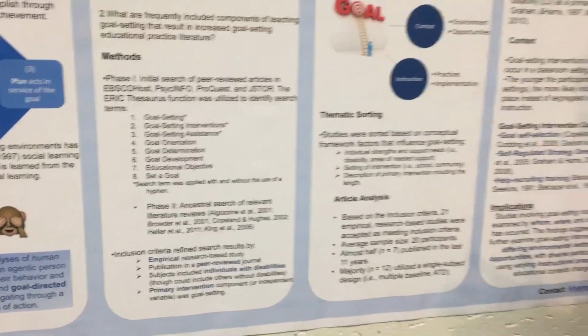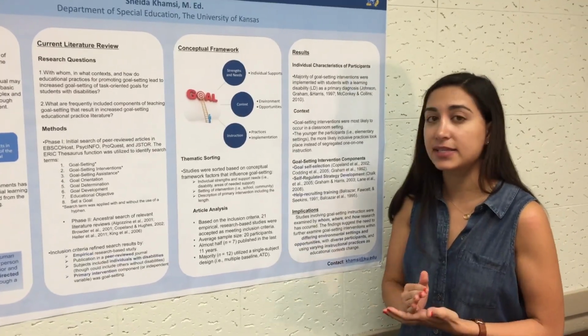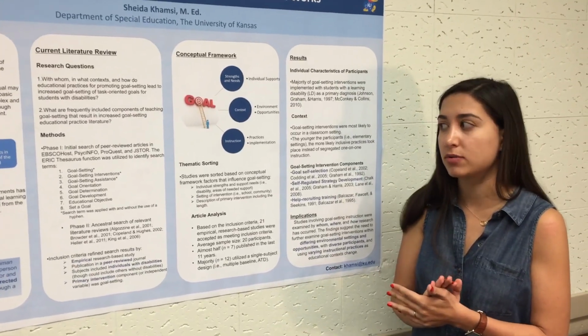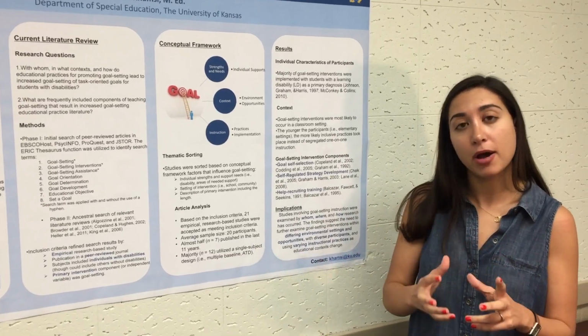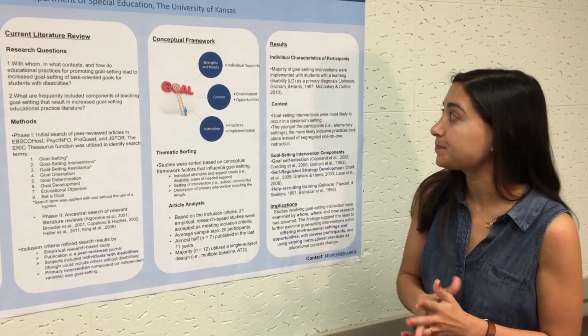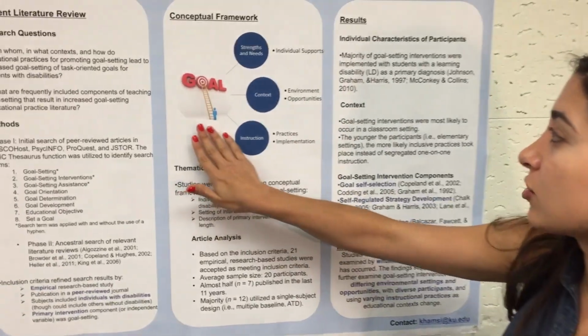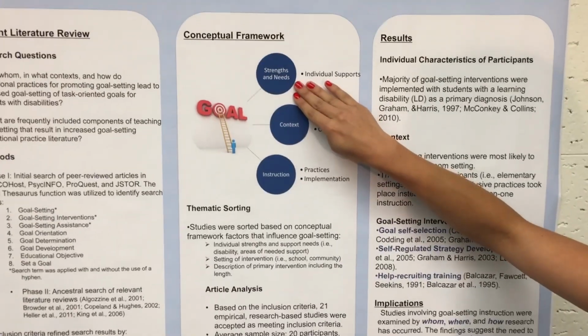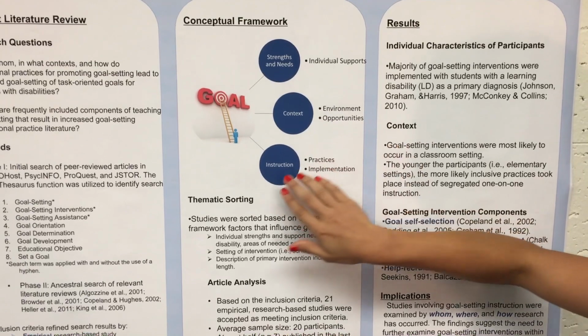This limited the scope a little bit because I was looking at just studies where the primary intervention component was goal setting. Oftentimes it's a package where goal setting is a component within it, but I was looking specifically at goal setting. Conceptually, this is what we're looking at: the strengths and needs of the individual, the supports, the context, the environment, the opportunities, and the instruction.